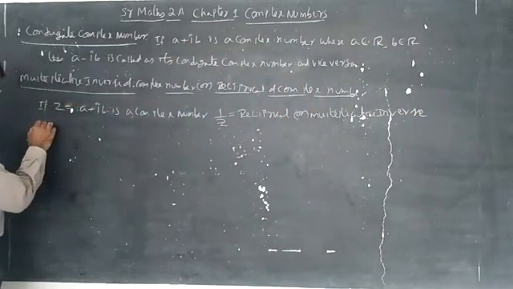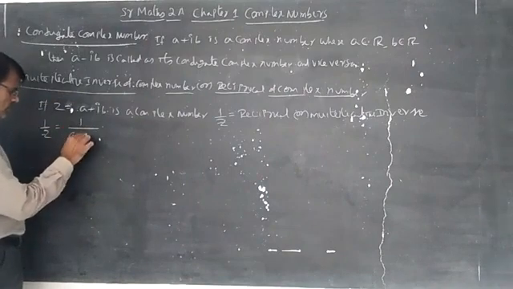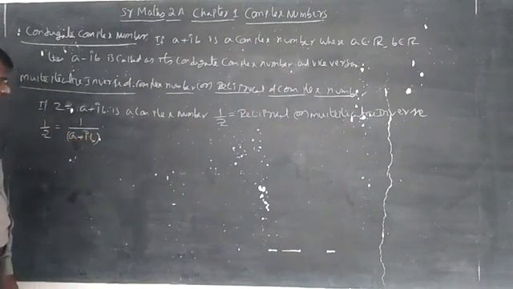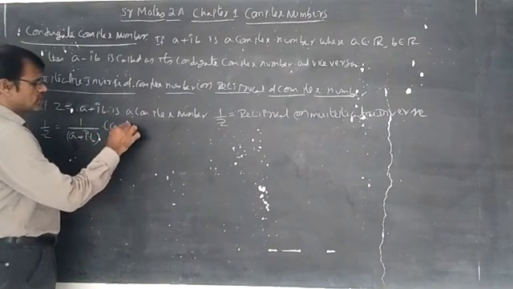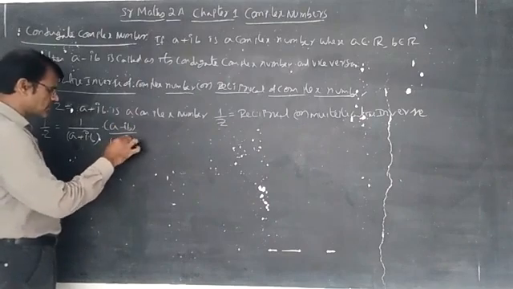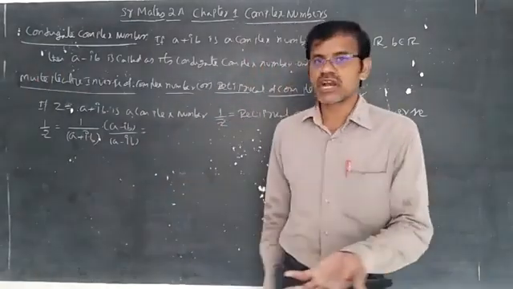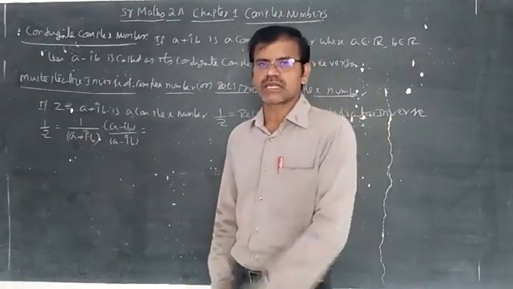That is, 1 by z is equal to 1 by a plus ib. You need to rationalize, which means multiplying and dividing with the conjugate complex number of the denominator. Here you can use the formula: a plus ib into a minus ib is a square plus b square.